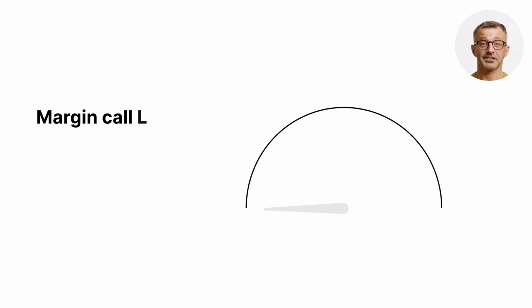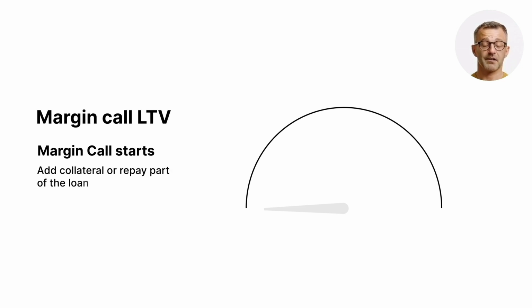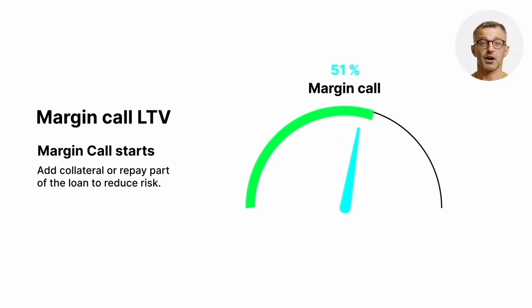Margin call LTV: this is the ratio of the loan amount to the collateral value at which your collateral has fallen to dangerous levels. In other words, your collateral has significantly depreciated and entered the so-called danger zone or liquidation threshold. This can also happen if you do not repay your loan for a long time and a lot of interest accumulates.